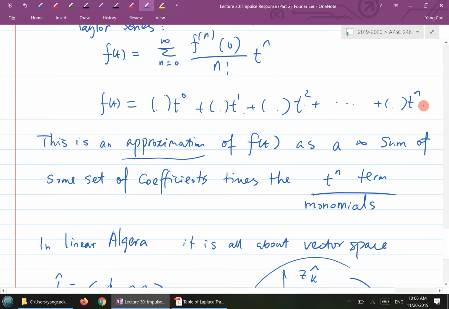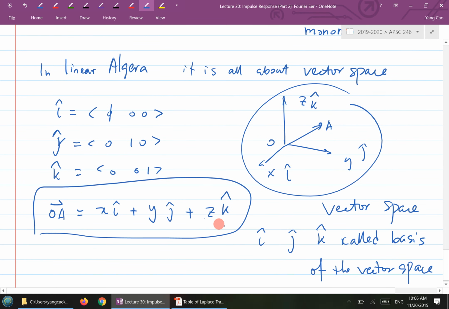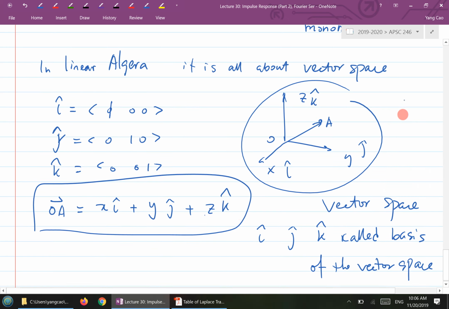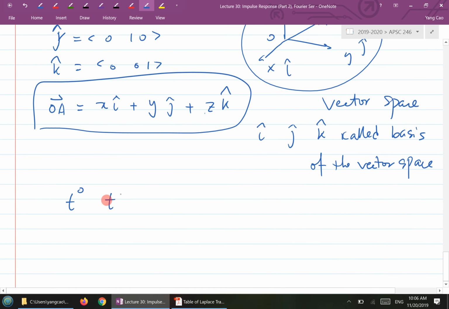Then I'm expressing this f of t using something times this basis, something times this basis, and something times this basis, which is exactly the same format as this. So basically those T0, T1, T2, and Tn are also a kind of basis here. They are the basis of f of t, just like i hat, j hat, k hat are the basis of the vector OA.